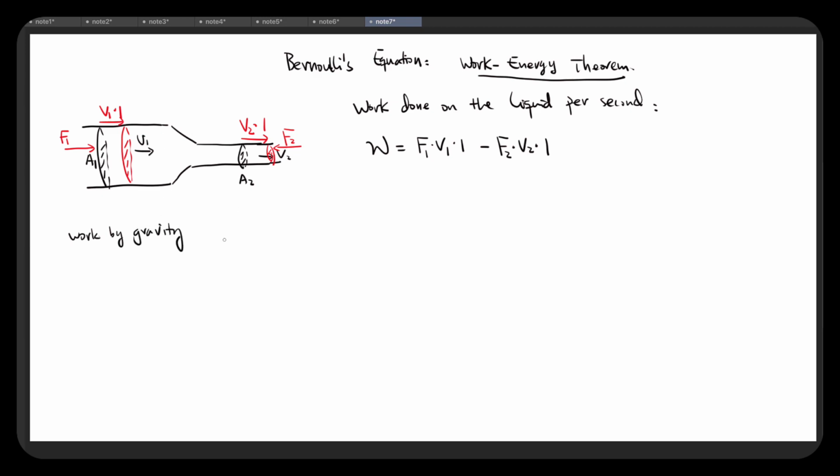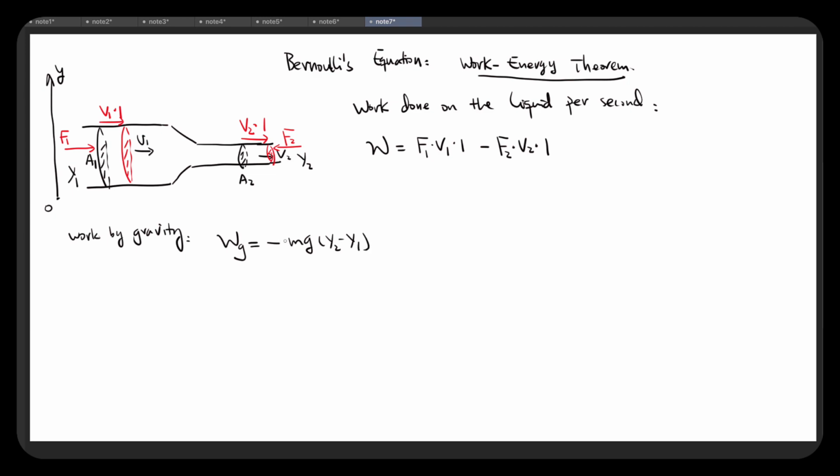In our picture here, we do not have a difference in the height of the liquid. But let's say we have some kind of structure so that the height of the liquid along this y-axis, which is vertical, changes from y1 to y2. So the work done by gravity will be negative mg (y2 minus y1).